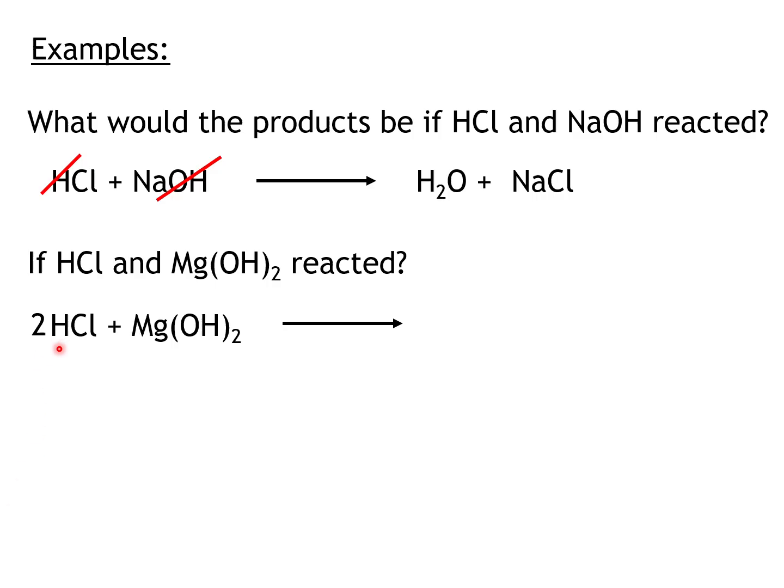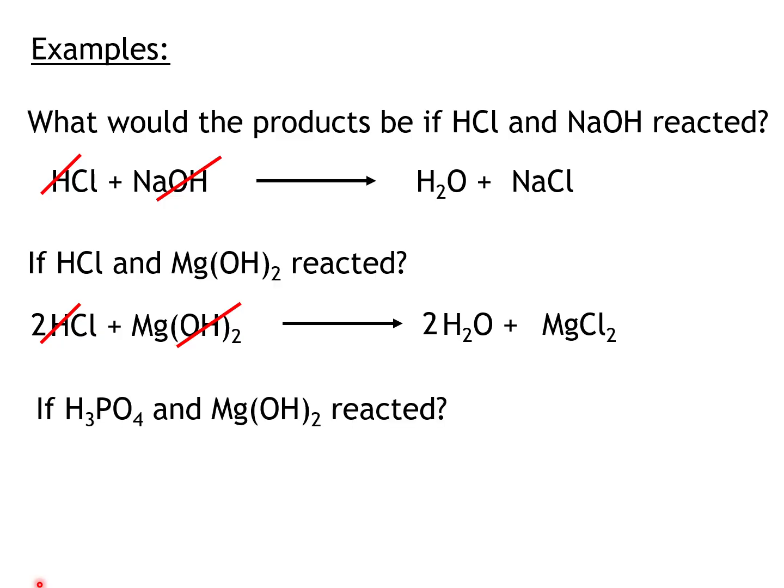So now we have two acidic hydrogens and two hydroxides, which will combine to make two water molecules. And then the part that's left over is MgCl2. The nice thing about doing it this way is it kind of writes the formula of the salt for you.